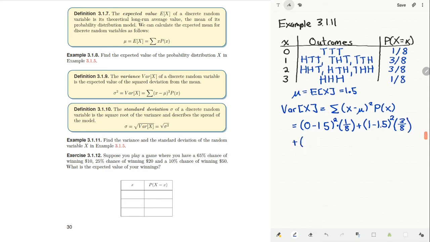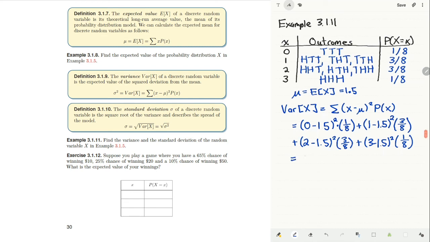Then we add it to our next value of x, which is 2 minus 1.5 squared times 3 out of 8, plus 3 minus 1.5 squared times 1 out of 8.